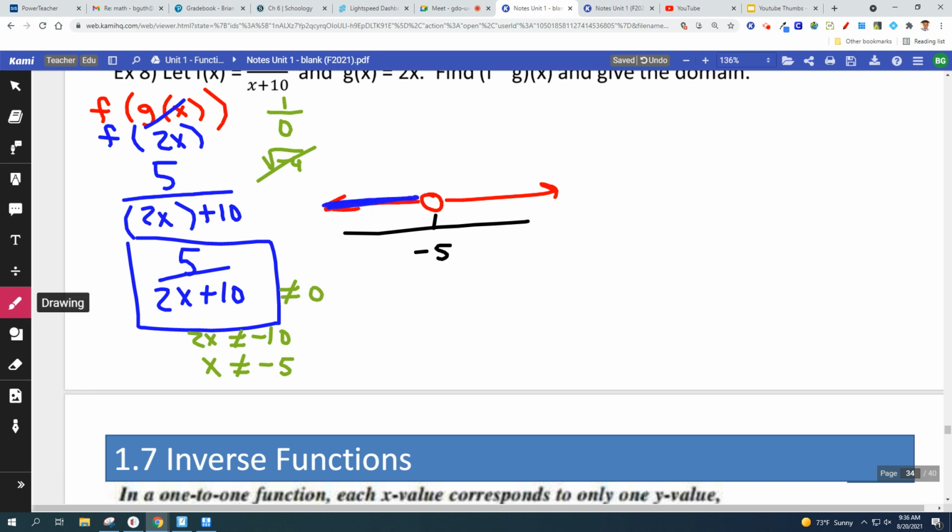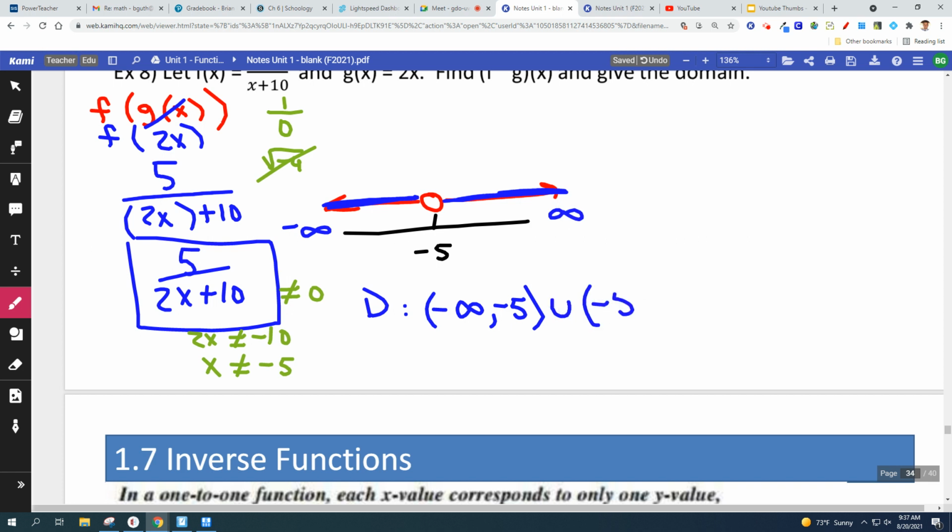There's this piece that goes from negative infinity to negative 5. So your domain is going to be from negative infinity to negative 5. But you're also going to have this piece that goes from negative 5 to positive infinity. So we're going to union that with negative 5 to positive infinity. That gets everything covered except negative 5, and that's what the domain is.